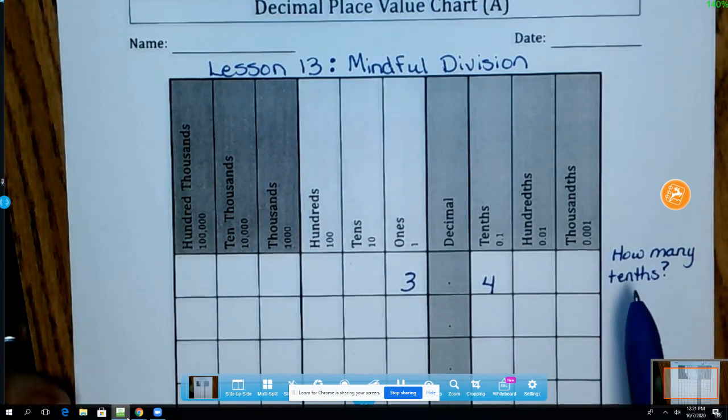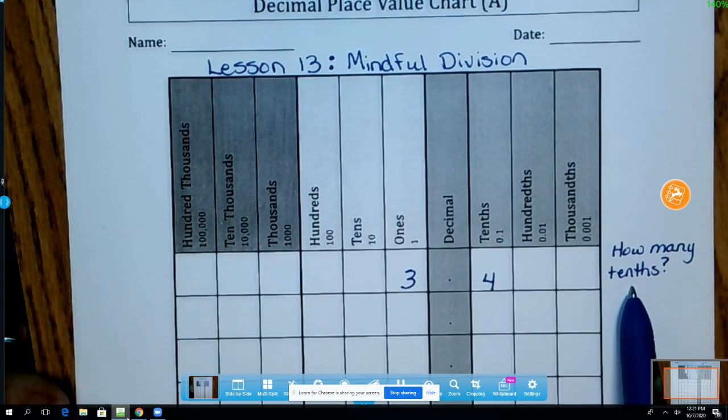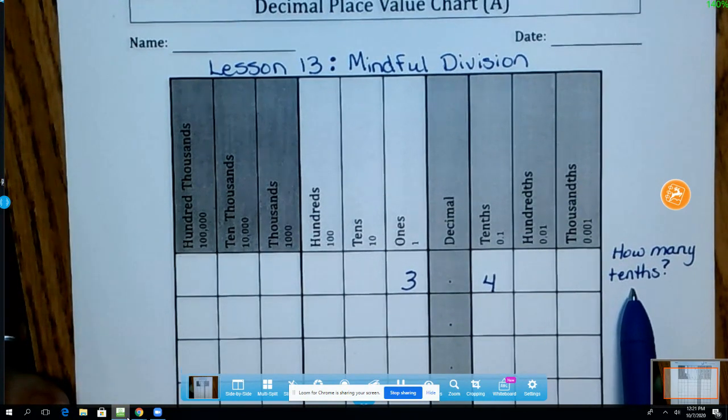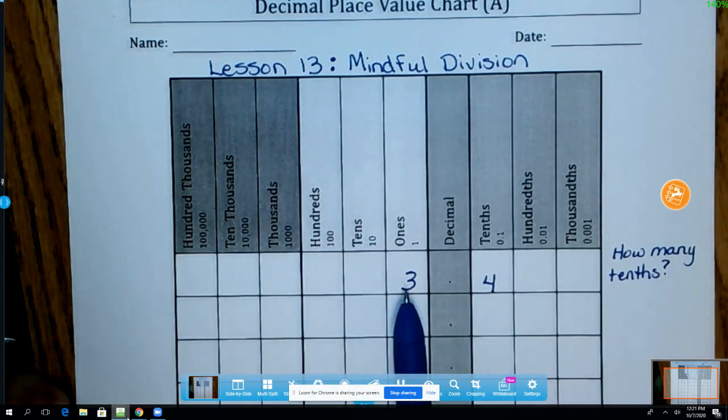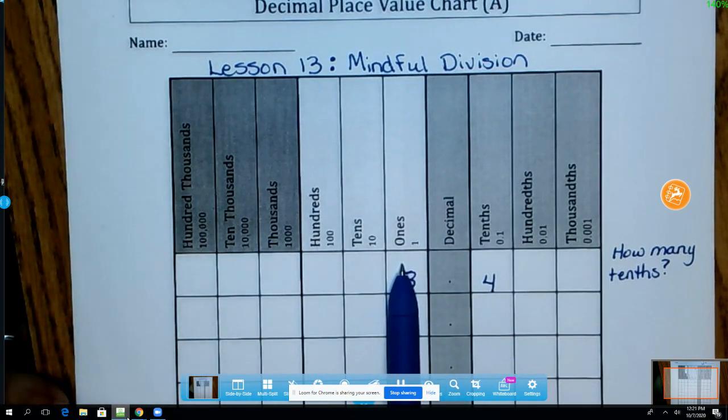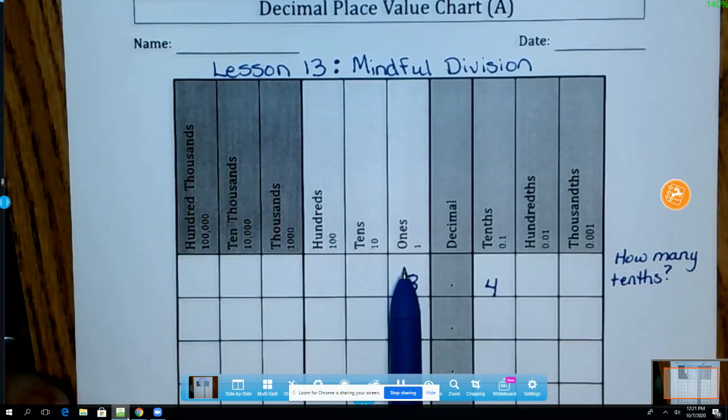So we need to know how many tenths there are altogether. Tenths are like dimes, so we could think of this as if we had $3.40, how many dimes would that make? Well, we know that there are 10 tenths in a 1, or 10 dimes in a dollar.